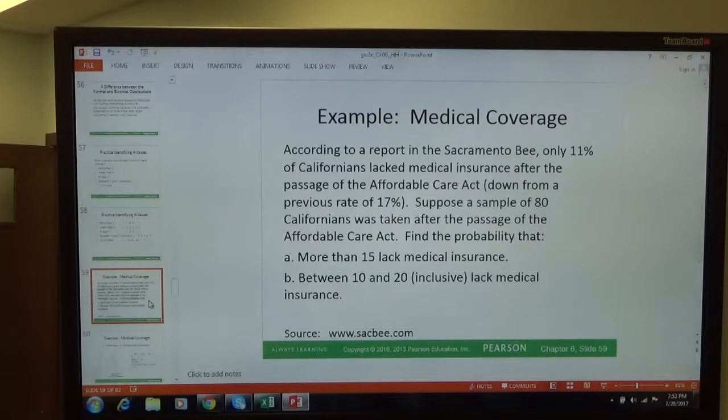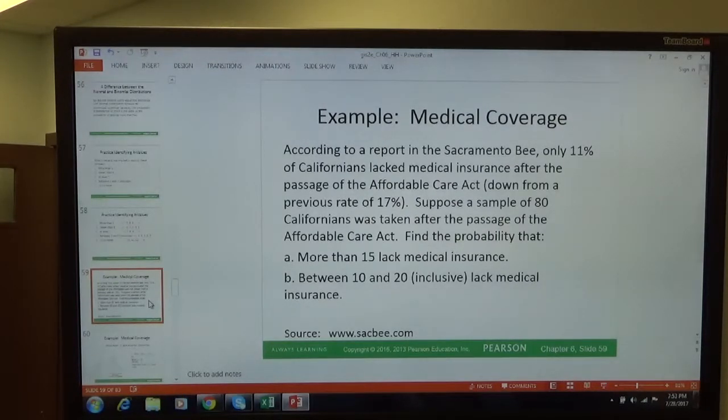So let's take a look at this medical coverage. Only 11%, that's the probability. You surveyed 80 people. Find the probability that more than 15. How do you do more than 15 out of 80?